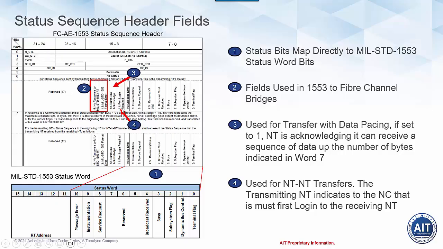And then also number 4 here, this other bit field outside of the normal status bits. This is port login required. This is also a topic that we'll probably cover in the next webinar after the first of the year. With Fibre Channel, at startup, a node on the network has to do a login to the network.